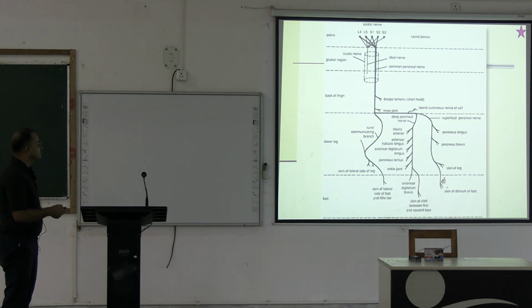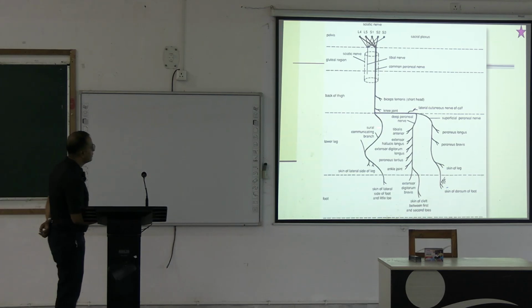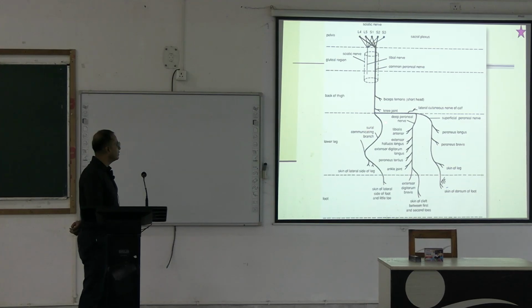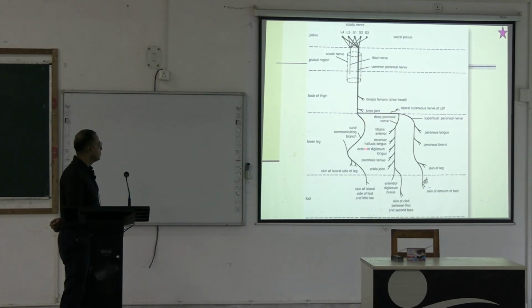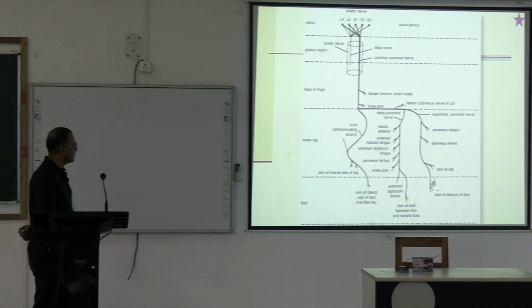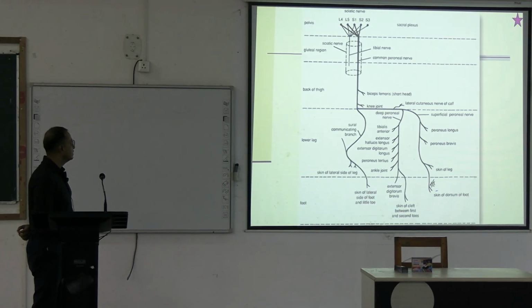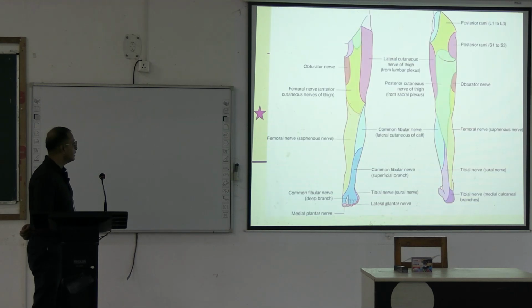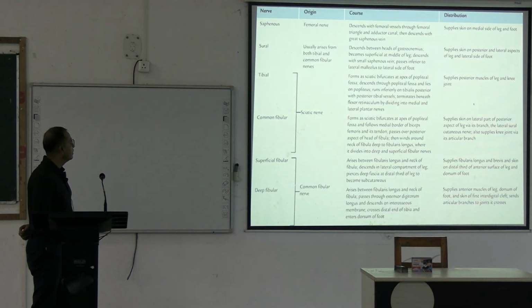The main continuation, the tibial nerve, goes to the back side and supplies the skin on the back and lateral side. So these are the common peroneal branches and the innervation that we just have to quickly overview.